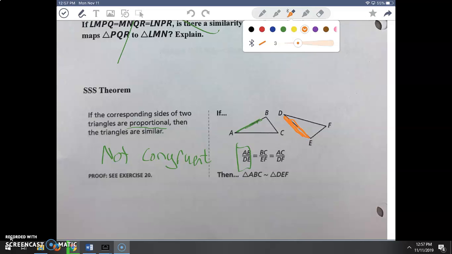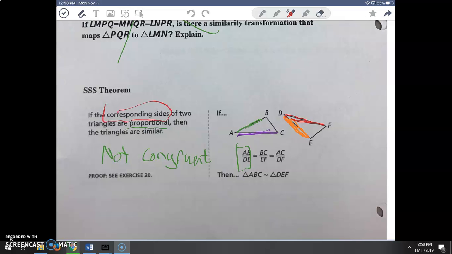Let's say I put this purple one over this red one. If I make this into a fraction and they're the exact same number, then they're what we call proportional. Notice too, it talks about corresponding sides.